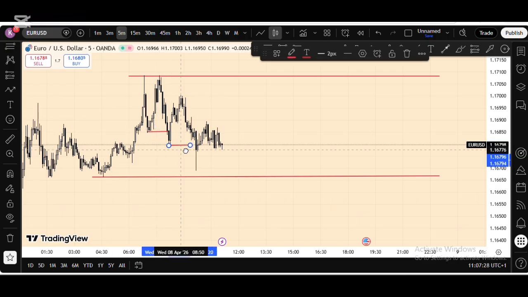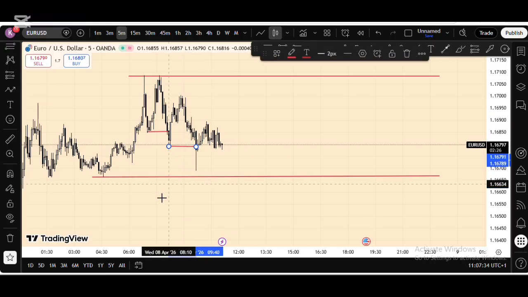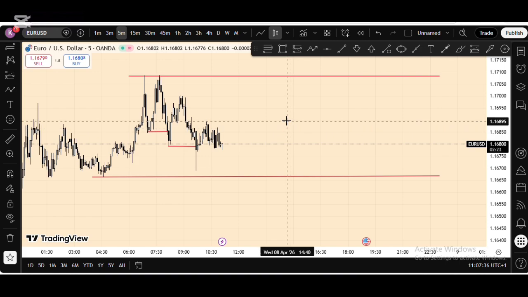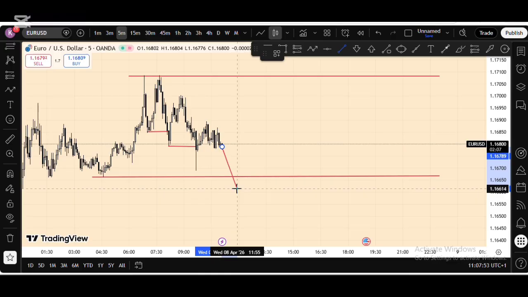So we are expecting this leg to break this low, so that it will confirm to us that this market is going down, before we find confirmation and keep selling to the downside. But we must break this low before we confirm that.